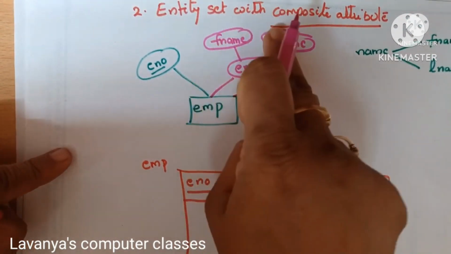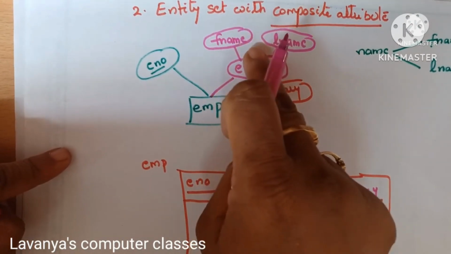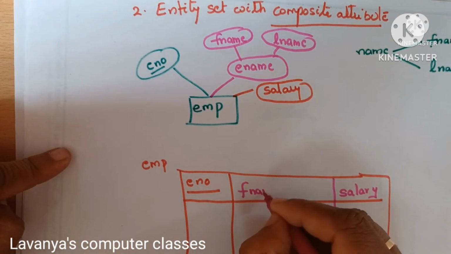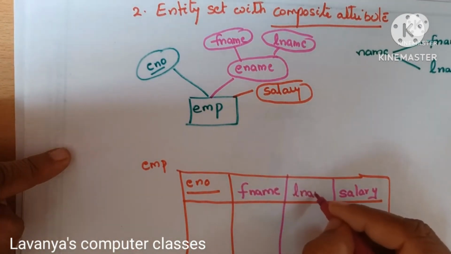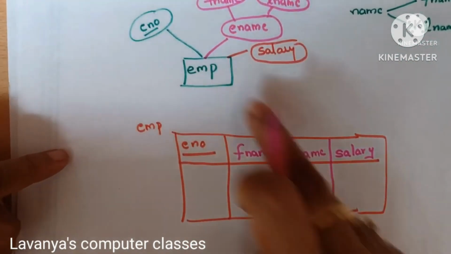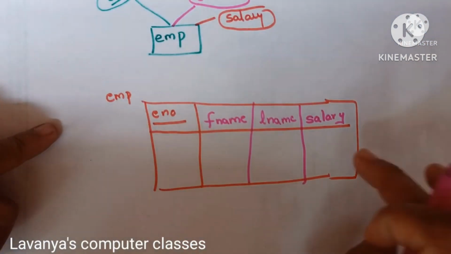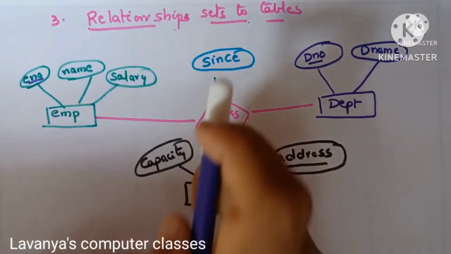Salary is also considered as a field in the table. Now we go for composite attribute employee name. Don't take it directly. We write the components, the subparts of the composite attribute, that is F name and L name. Those are treated as fields in the table. So this is the example for composite attribute conversion.